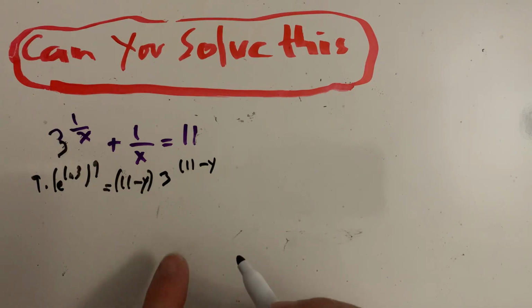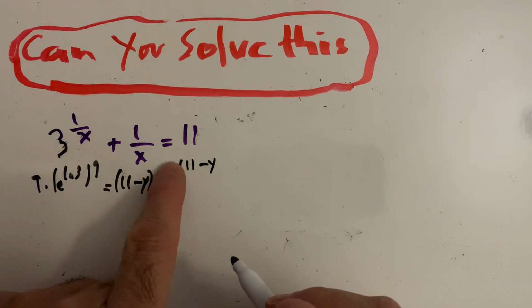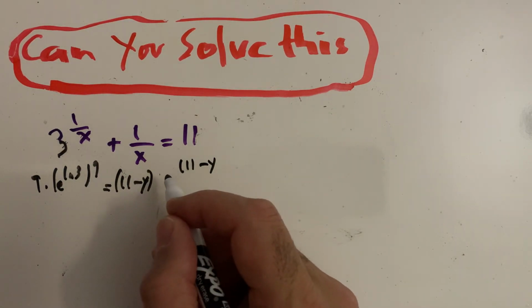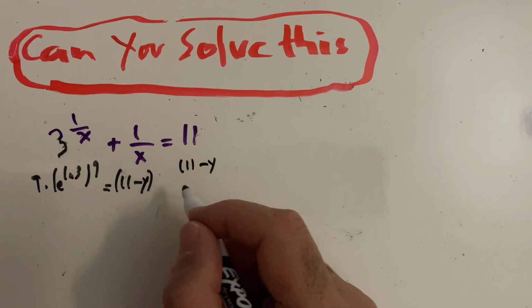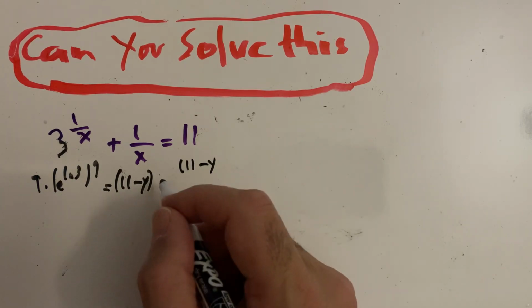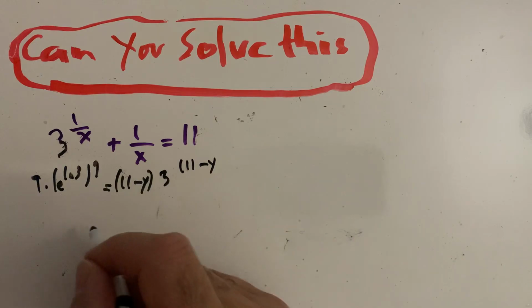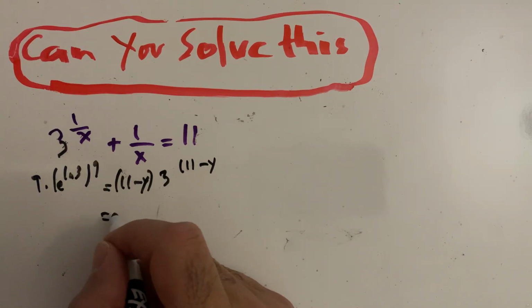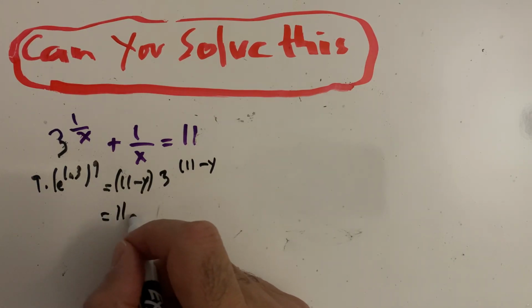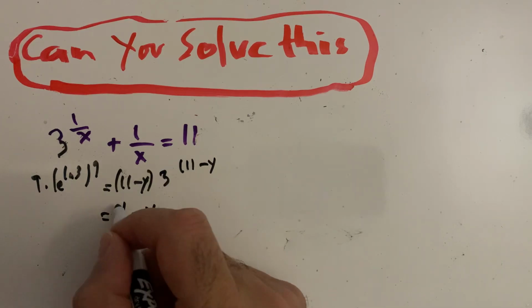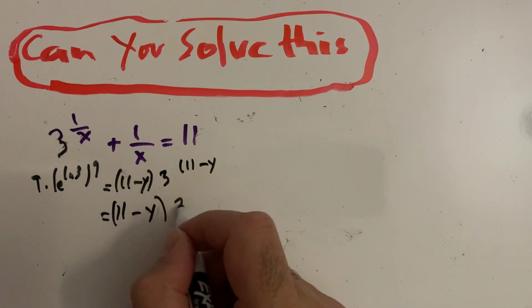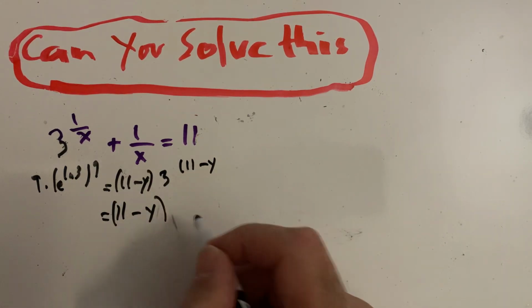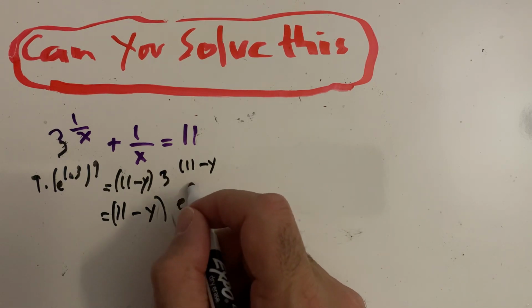So in fact, I can replace it here by exponential log 3, or maybe let's just do it until I don't have enough space. So it equals 11 minus y times 3, and I said this is exponential log of 3.